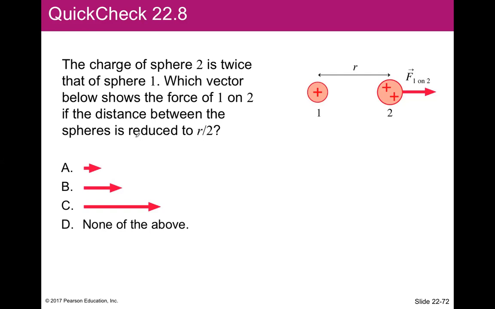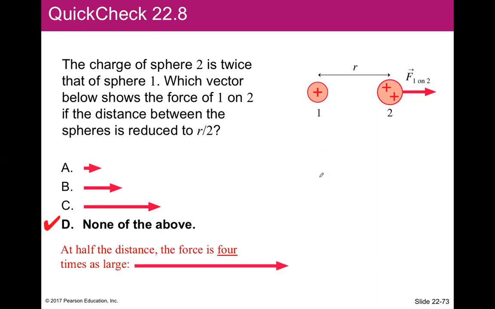So the key is Coulomb's law. You remember Coulomb's law? To calculate the force, you need Q1, Q2 over R squared times a constant. So when R is half, then the force should be four times.